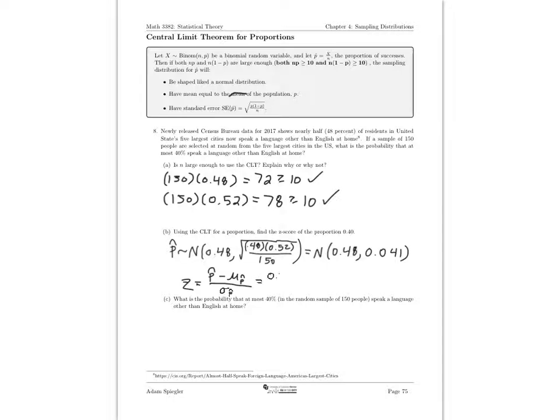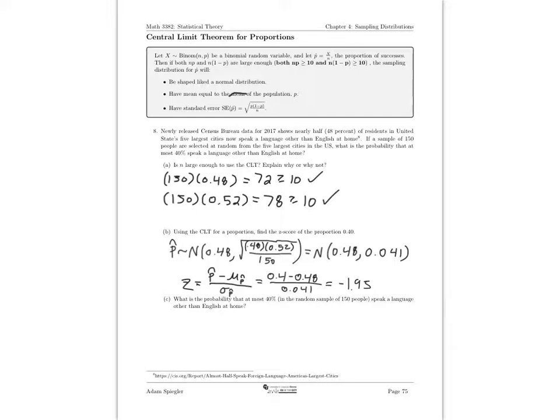So I'm going to get the 0.4 minus the 0.48 and divide all of that by 0.041. And that comes out to about minus 1.95. Okay, so that means this sample proportion of 0.4 from a sample of 150 people is almost 2 standard errors below the expected value of 0.48.